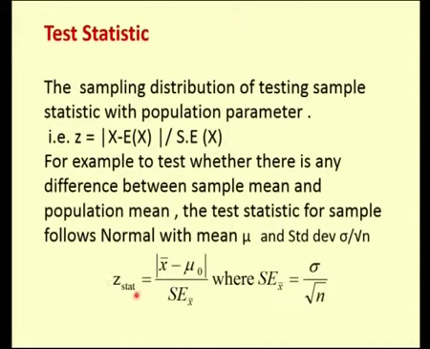You have to frame your test statistic as Z stat, that is, x bar, your sample mean for your sampling distribution, minus mu naught, your population mean, divided by the standard error of your sampling distribution. Here the sampling distribution is x bar, and we already discussed that the standard error of x bar is sigma by root n.